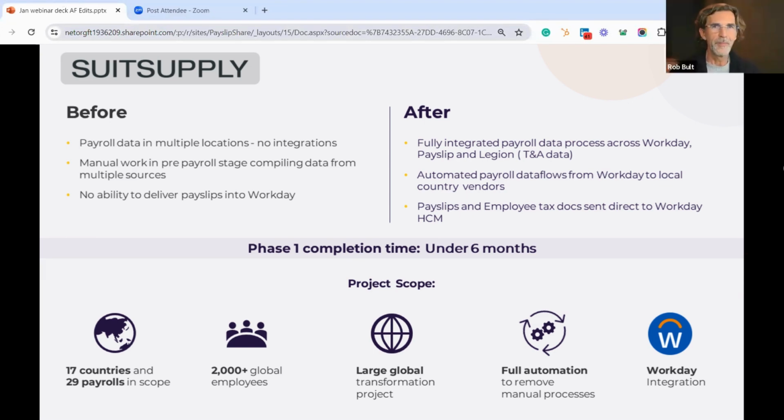So my first question is, what are the core reasons you think Global Payroll and Workday need to be aligned? I just wanted to take a step back. It's obvious that you want to have Workday and Global Payroll aligned.